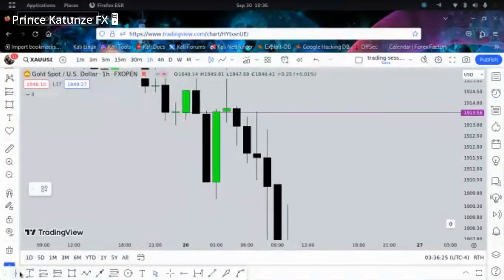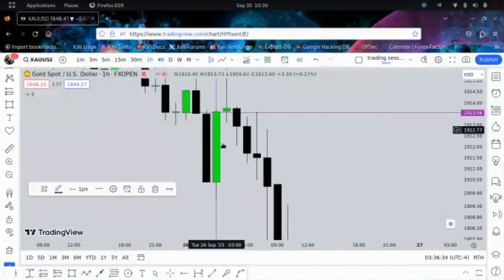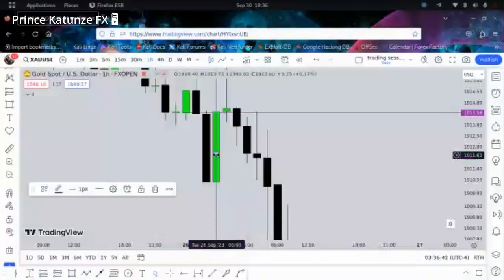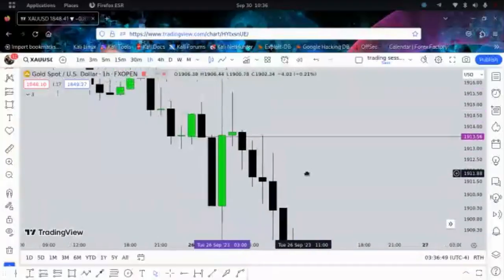London moves on gold always occur at around 3 a.m. New York time, so you should take note of this time window. This is where we usually have the manipulations or rejections on gold. So if you're to trade gold, you should actually wake up early.